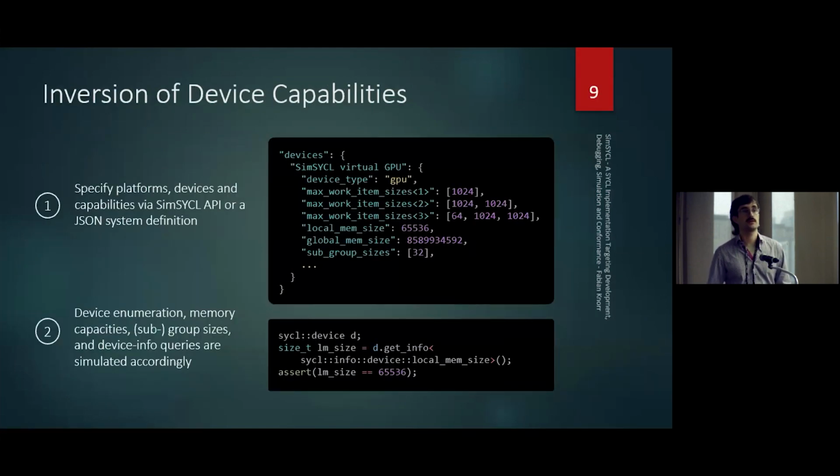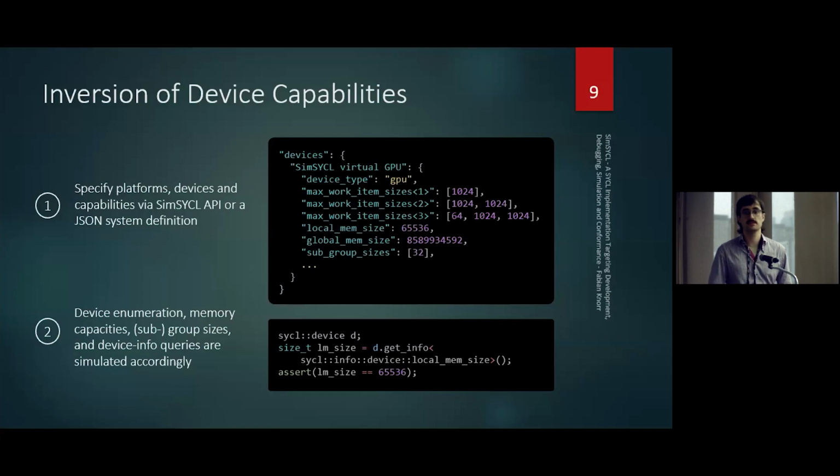Now, on the user-facing side, one of the most interesting features of SimSYCL is the inversion of device capabilities. So typically in a SYCL program, you would query through SYCL get devices, for example, what devices the system has, and then depending on the devices present, you would select different kernels, or you would decide how to distribute the work in your program.